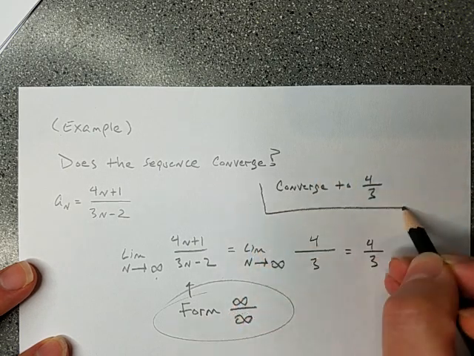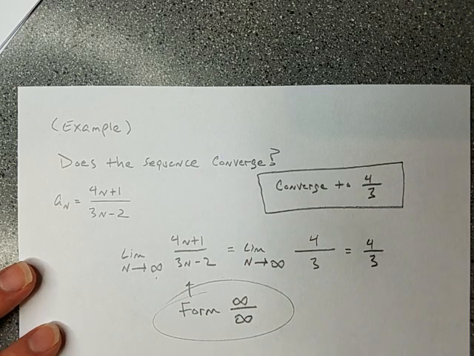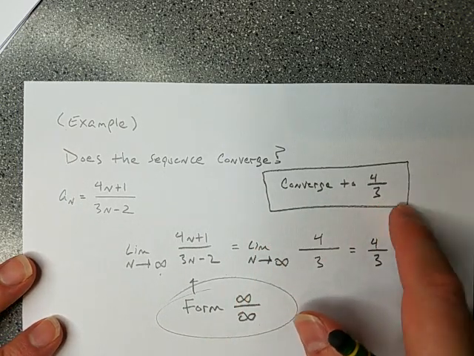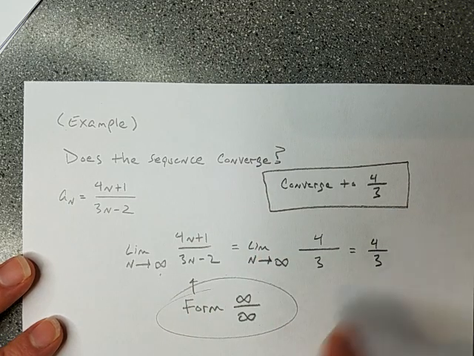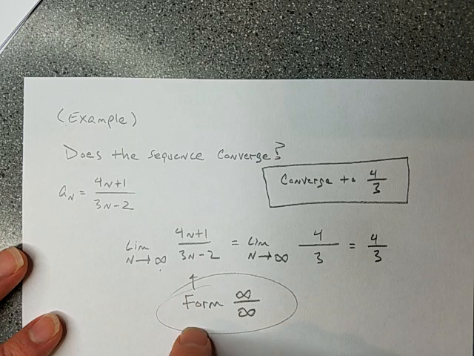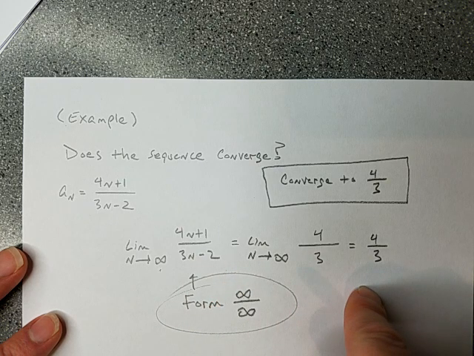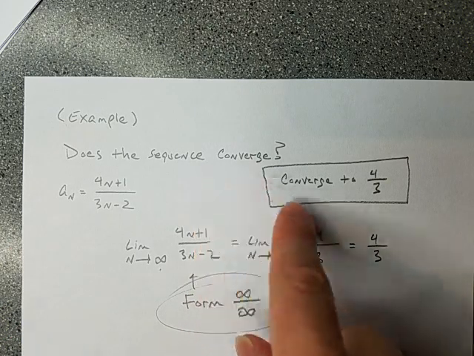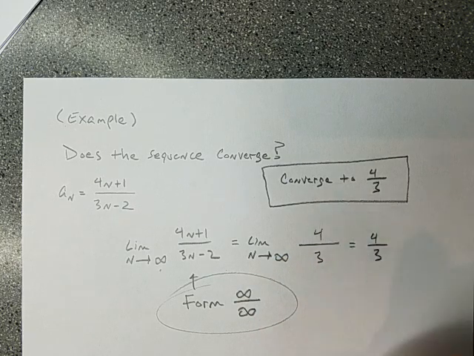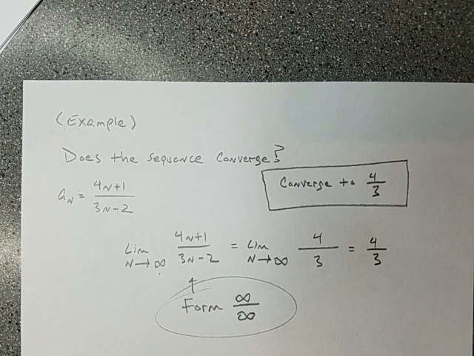And then you could verify that by writing the numbers down and seeing that they're going to get gradually closer to 1.3 repeating. That's what that number is. So this limit I did by L'Hopital's rule, and I got a number, so that's what the sequence converges to. Verify it if you want to by drawing a graph or making a table or whatever you want. All right. So let's try another one.